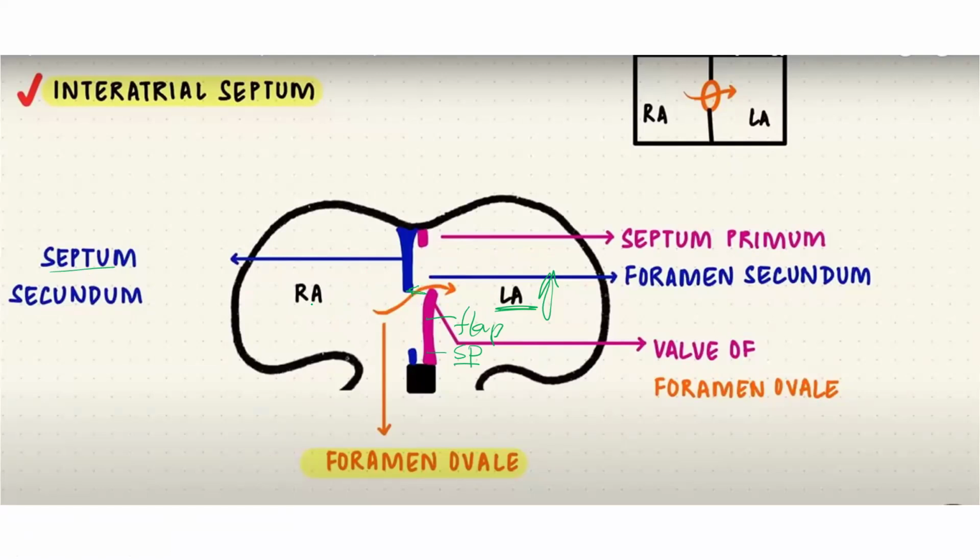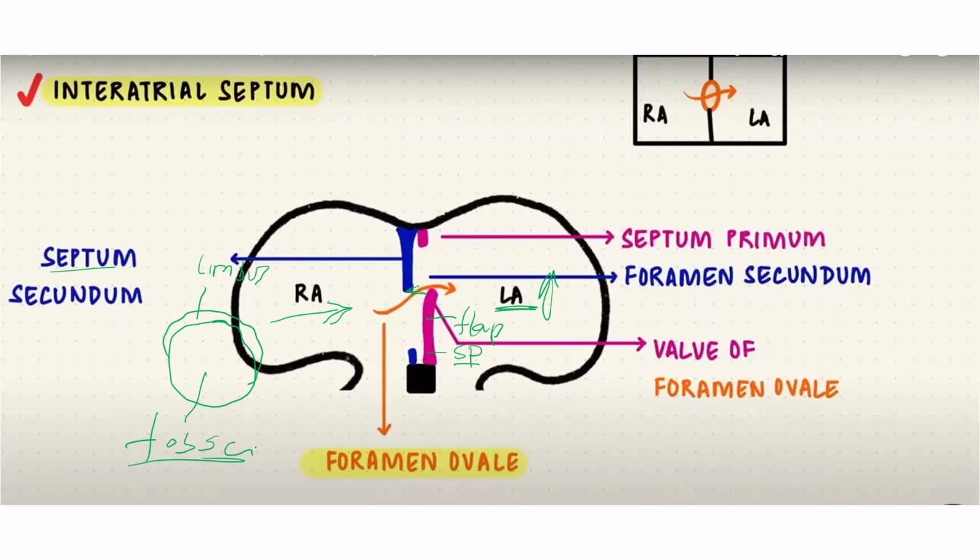So if you view it on the right side, you'll see a depression with an elevation. And now that is the fossa ovalis and the limbus.